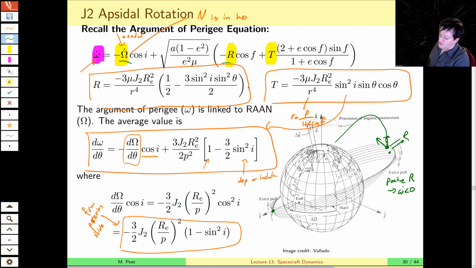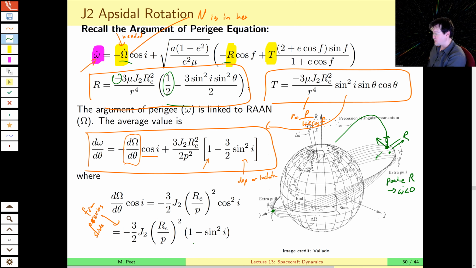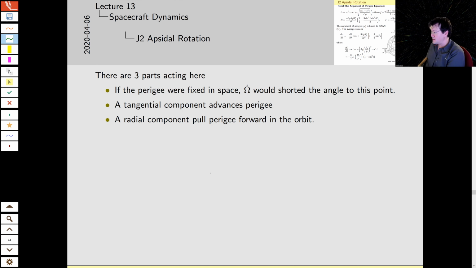In our case, we got this equatorial bulge actually pointing in the negative direction. So where's that r here? R ends up right here, that negative secular term. So that radial component pulls the perigee forward in the orbit.